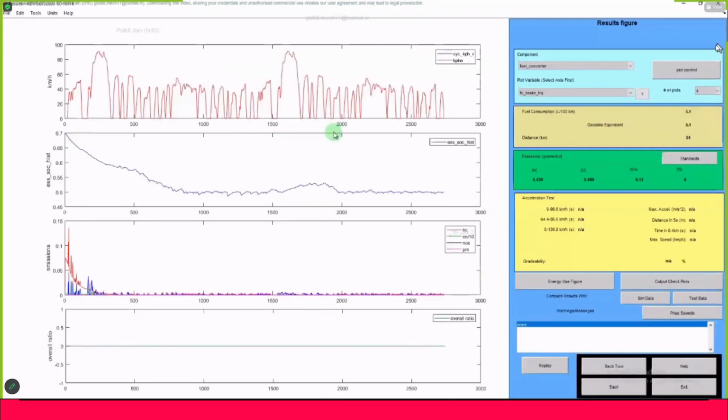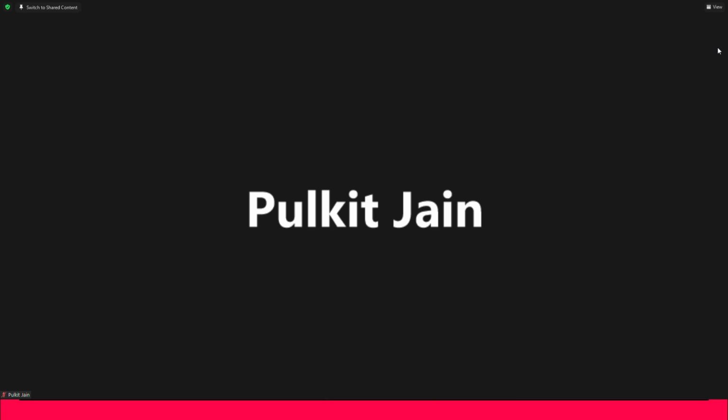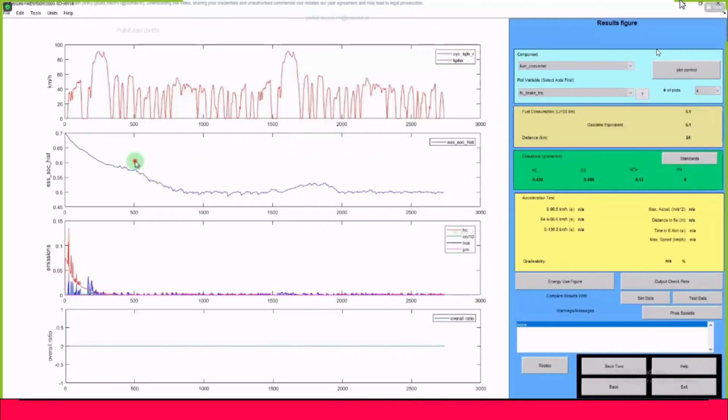Here we have the result, where in the second graph you can see the state of charge of the battery started from 70% and decreased to 50%, and then the engine has taken over to manage this acceleration.